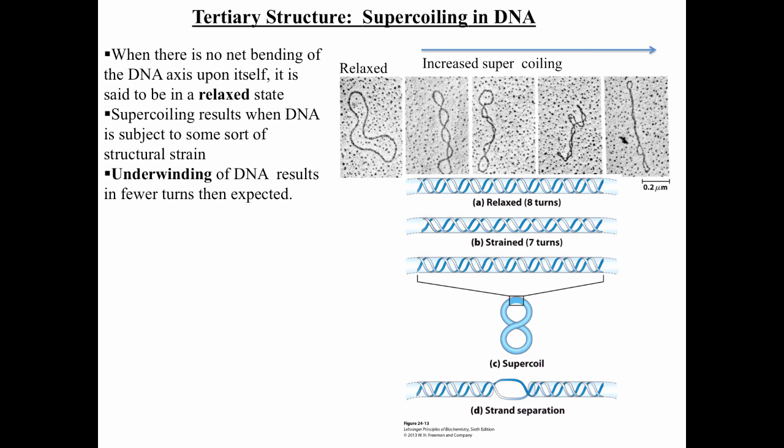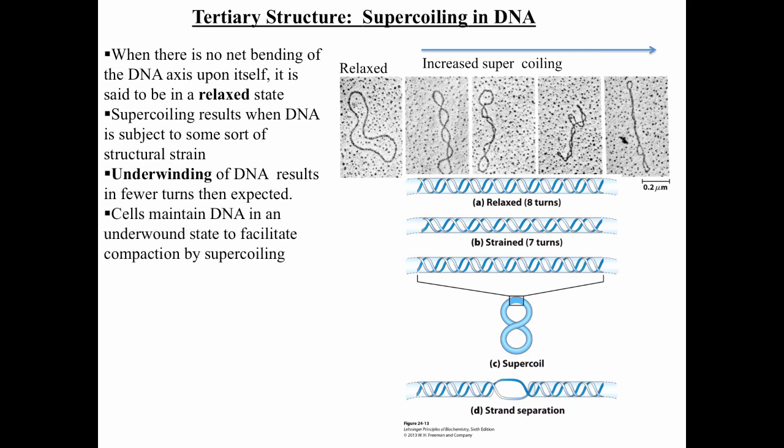So for example, if you have a double-stranded piece of DNA that is completely relaxed, it may have 8 turns. If you were to underwind it so that it has instead 7 turns, and strain it, then that's going to cause it to form a supercoil.